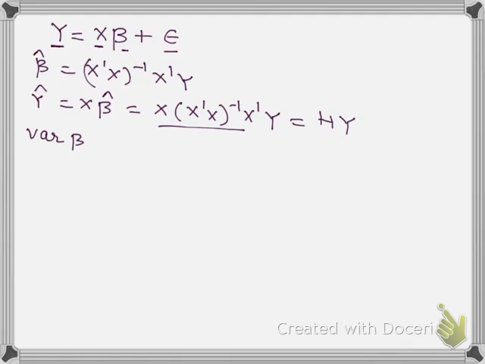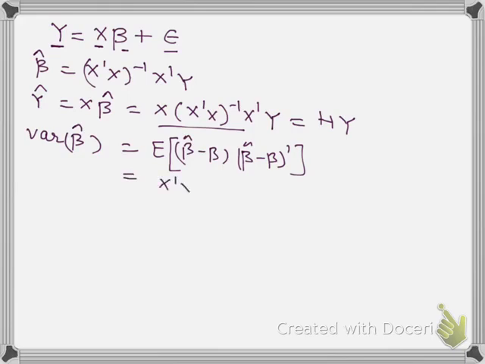The variance of beta hat is the expected value of (beta hat minus beta)(beta hat minus beta) transpose, and if you simplify it, you get (x transpose x) inverse sigma square.